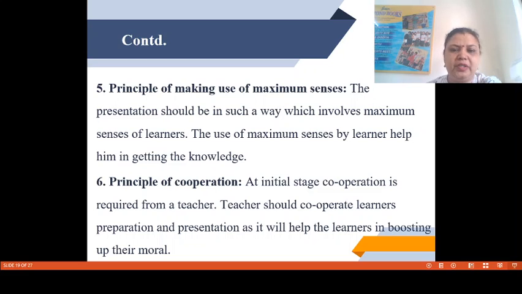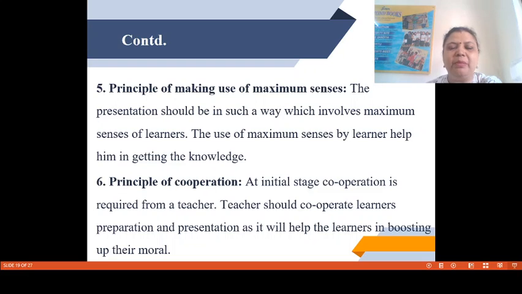Principle of cooperation. As students are at the initial stage unable to make their presentations very effective, at this stage they seek cooperation from their teacher, and it is the foremost responsibility of the teacher to help her students in the best possible ways, but not by spoon feeding.